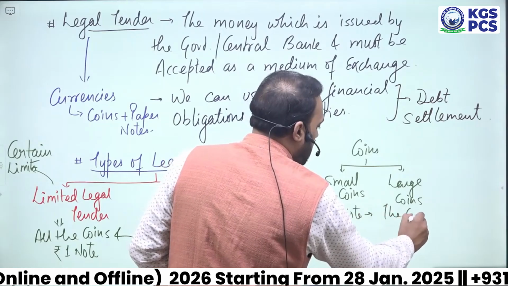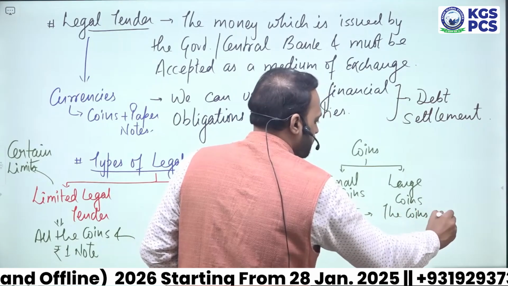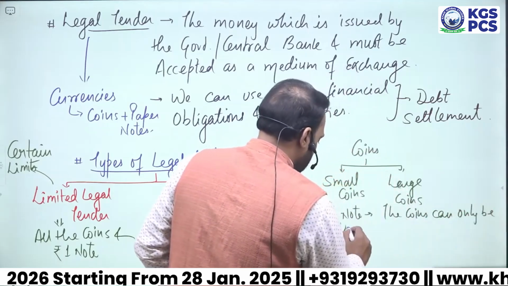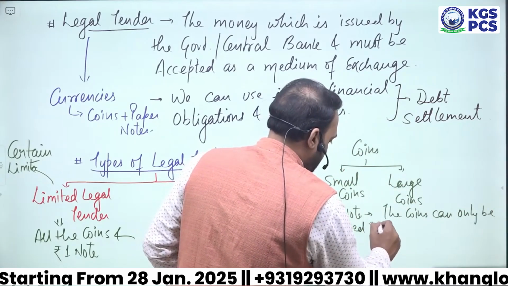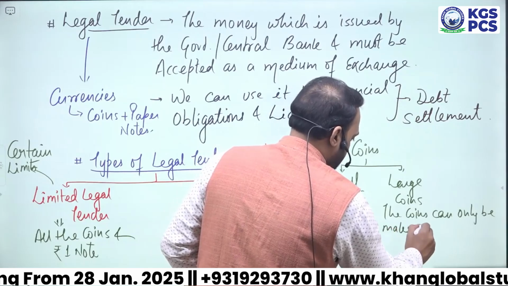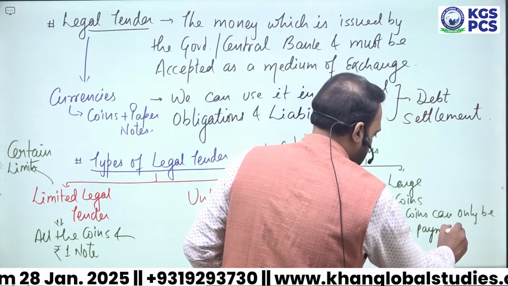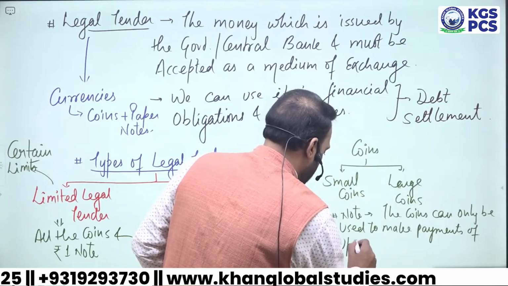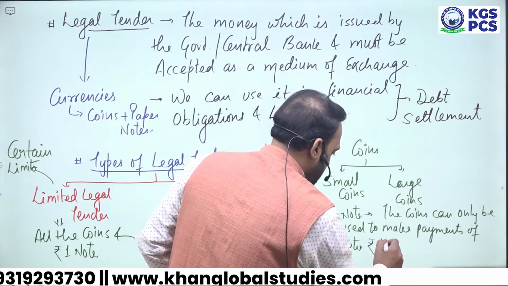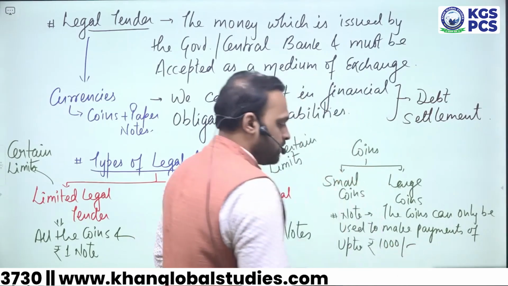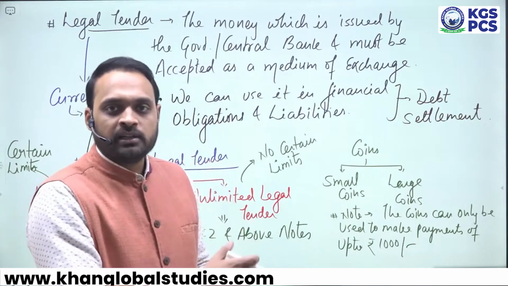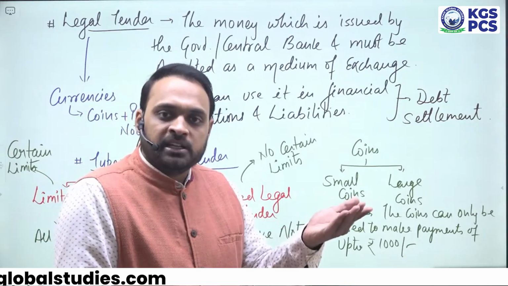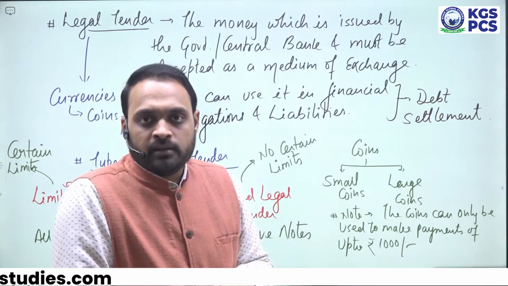Beyond 1000 you are not allowed to use coins as a medium of exchange, right?